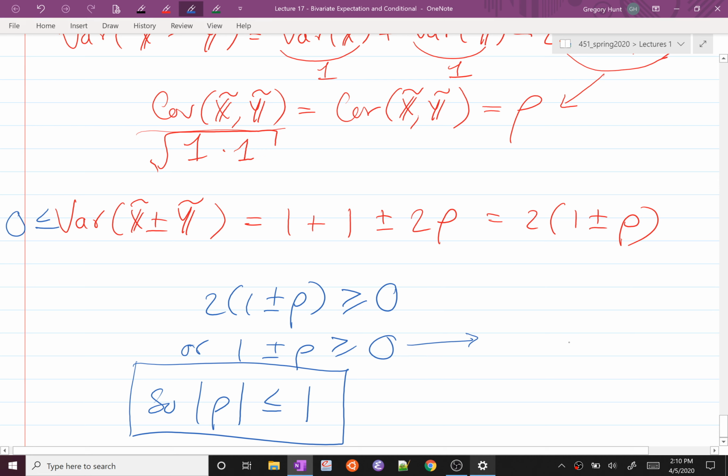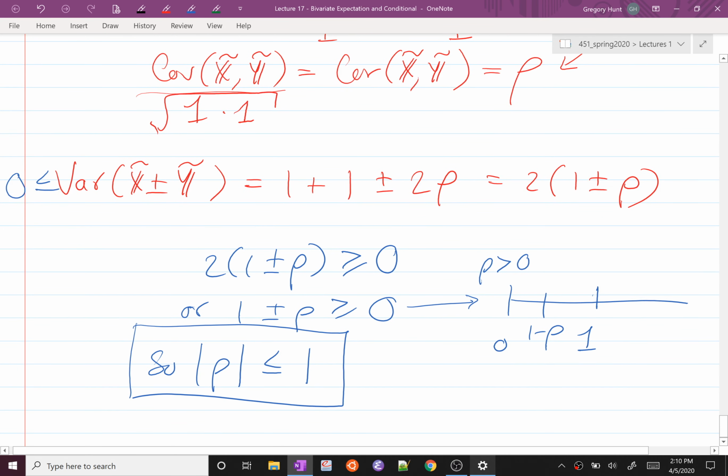For example, if rho is positive, then if we look at the number line, we have 0 and 1, and 1 minus rho better be bigger than 0, which means that rho is less than 1. Or if rho is negative, you get 1 plus rho is bigger than 0.